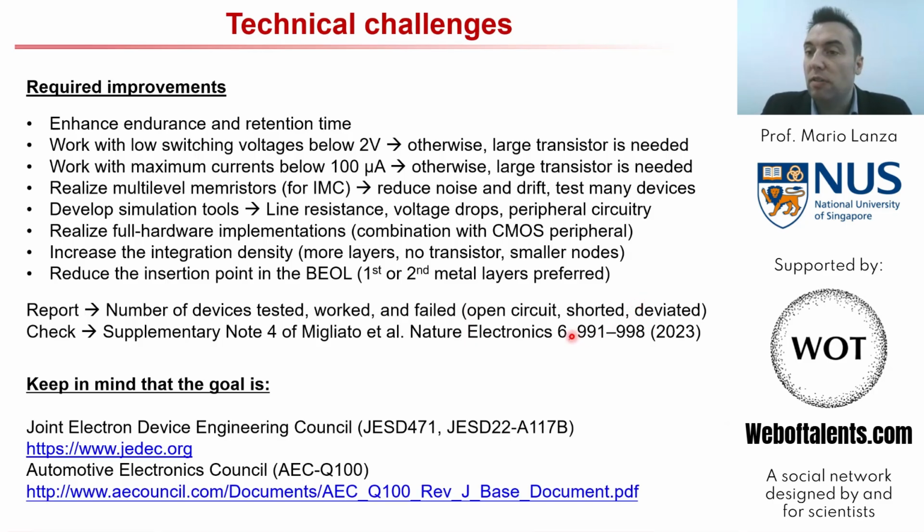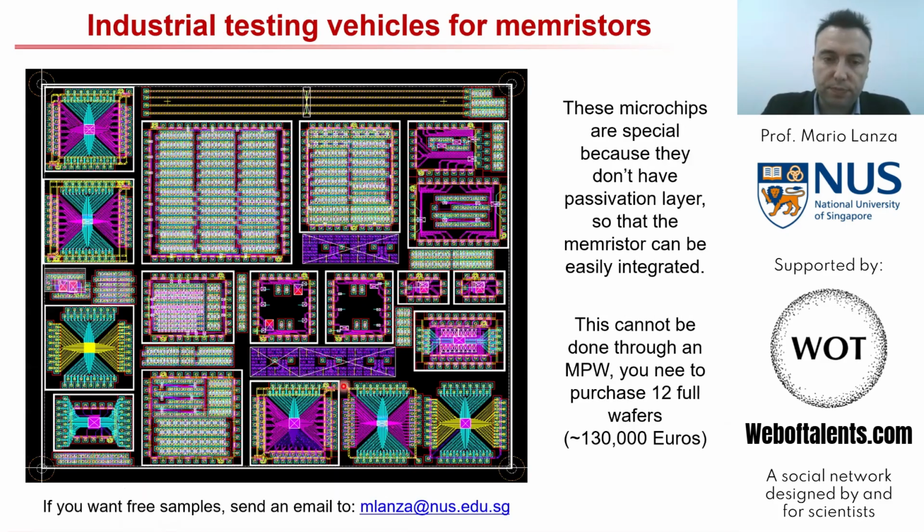You can see one very good example of this kind of variability and yield report in the supplementary note number 4 of this paper from the group of Professor Andras Kiss. And if you want more information about how the qualification processes for memristors work to reach different commercial applications, you can also check these other two references.